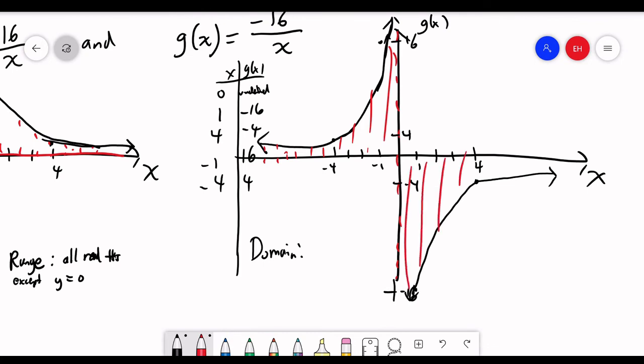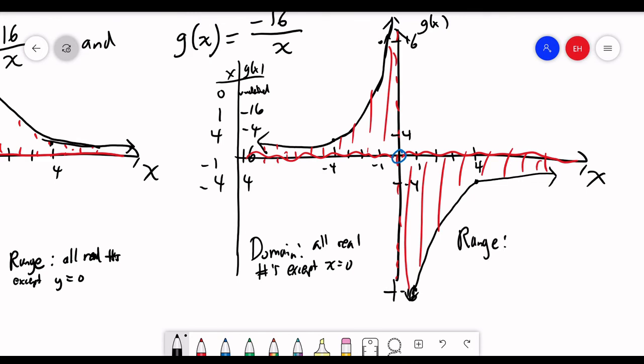All right, so for domain, we're going to imagine shooting into the x-axis from the graph. And we got our laser guns pointed on the graph, and then they shoot into the x-axis. Well, we're going to cover every x or every input number except for 0. So the domain is going to be all real numbers except x equals 0.